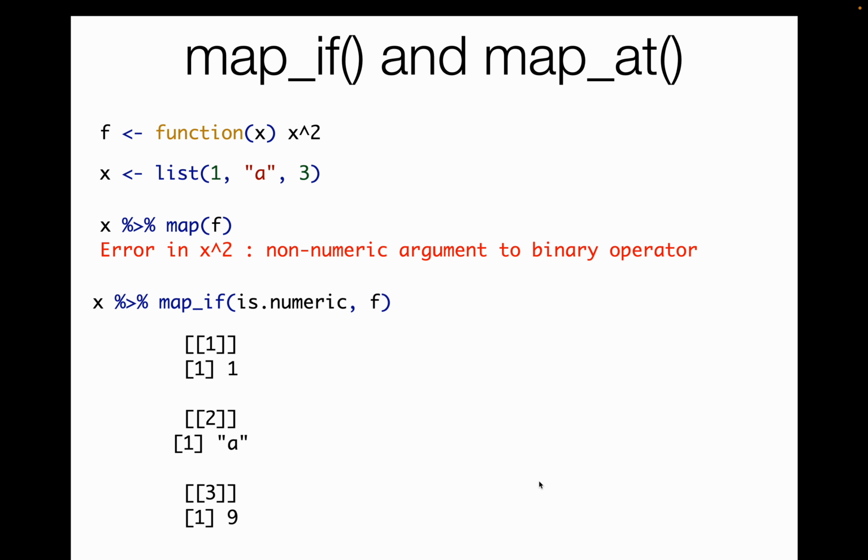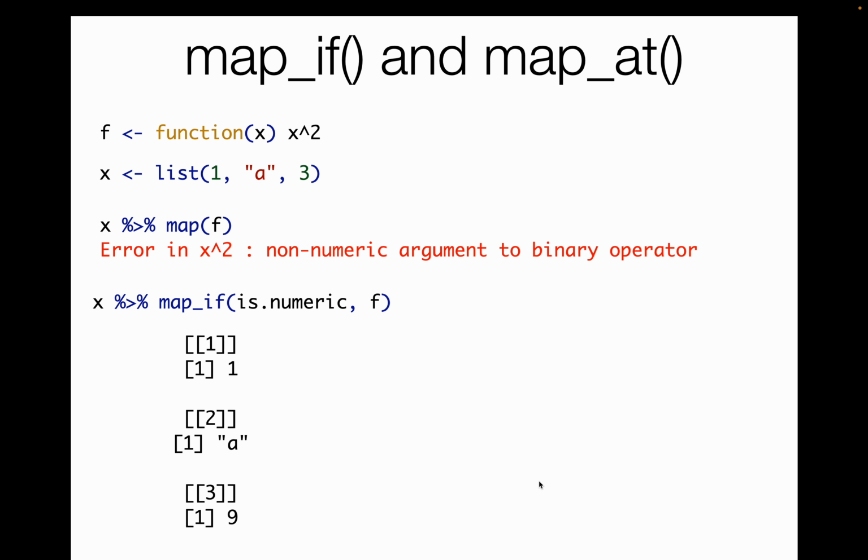And so I can do something like this. I take that same x, I feed it to map_if now, and map_if has an additional argument, which is the condition. You can create something that'll check every element and see if it is that, and it'll only map if that condition is true.